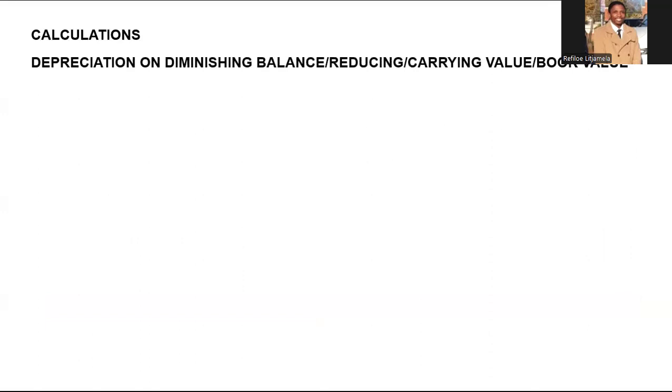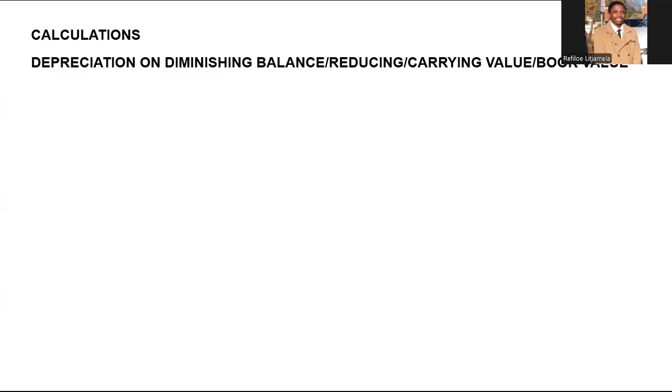When we calculate depreciation, it'll be based on two methods for now. When you go to grade 11 and 12, it'll be different. It'll be three, because we have what we call the units of output depreciation method. I will start with your diminishing balance, reducing balance, carrying value or book value method. It's one and the same thing.